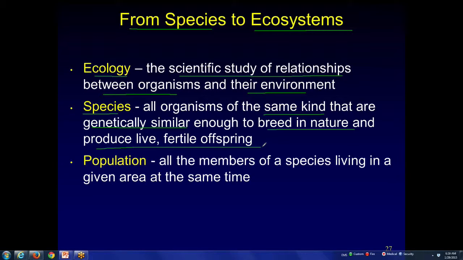Okay? So, for example, a wolf and a coyote, despite them being designated as different species, can mate and produce viable offspring. You can get coyote-wolf hybrids, although that typically doesn't happen in nature because they actually hate each other.